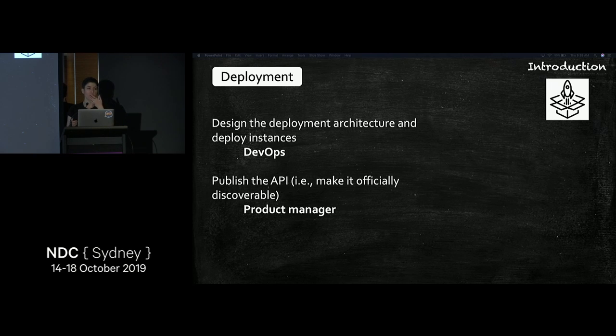So every time I talk about strategy, the product manager comes in, right? Because the product manager is the one who is deploying. If you are deploying your product, you are doing some strategy work, which means you have the product owner hat on, because you are now owning the product, doing the deployment.